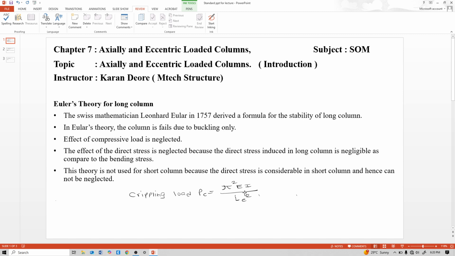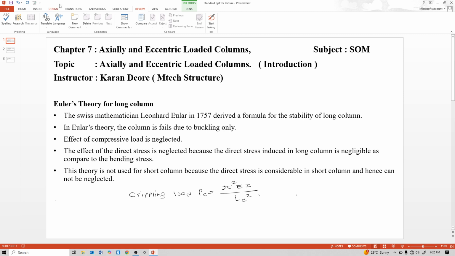This modulus of elasticity we derived from Hooke's law. Hooke's law says that when a material is loaded within its proportional limit, the stress produced is directly proportional to the strain.